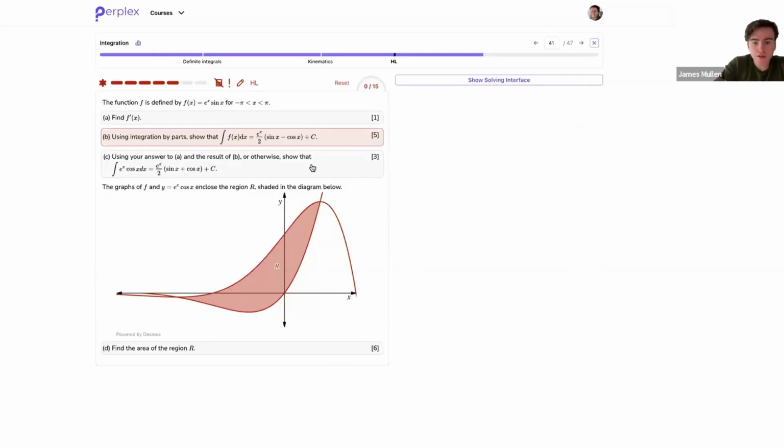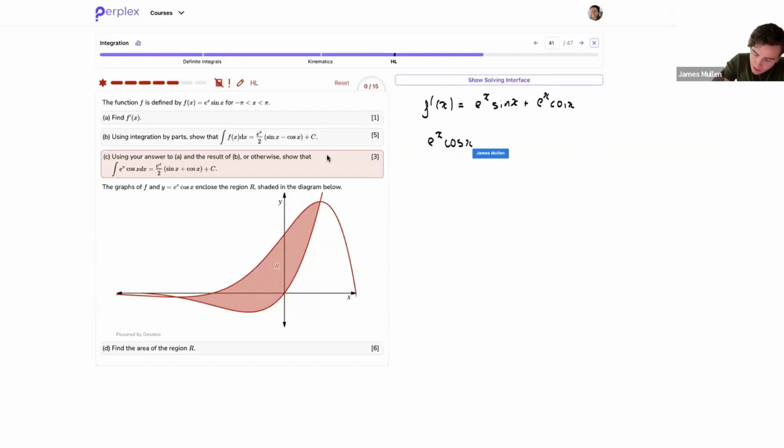Now, using your answer to A and the result from B, or otherwise, show that the integral of e to the x cos of x is e to the x over 2 times sin x plus cos x. So let's remember that f prime of x was e to the x sin of x plus e to the x cos of x, which means that e to the x cos of x, this thing that I'm thinking about now, can be written as f prime of x minus e to the x sin of x.